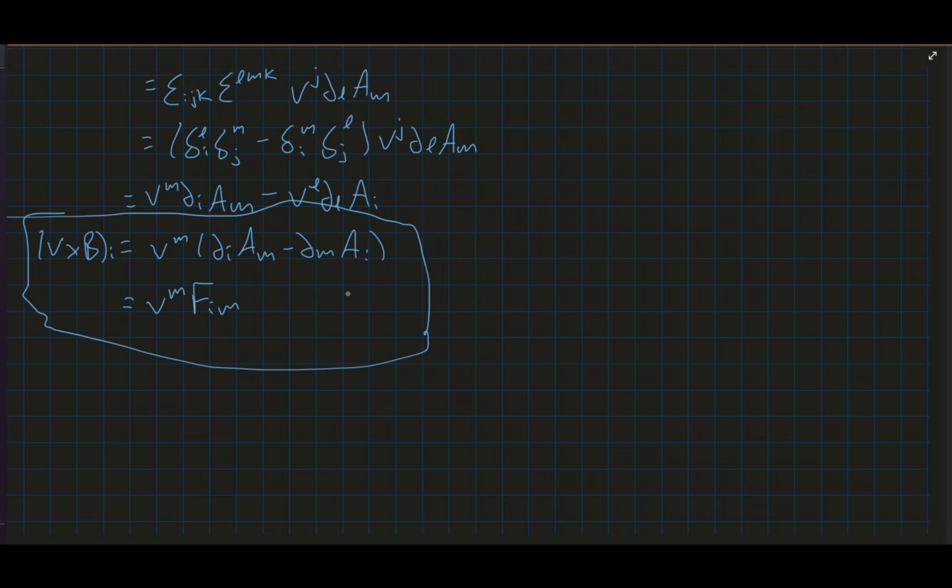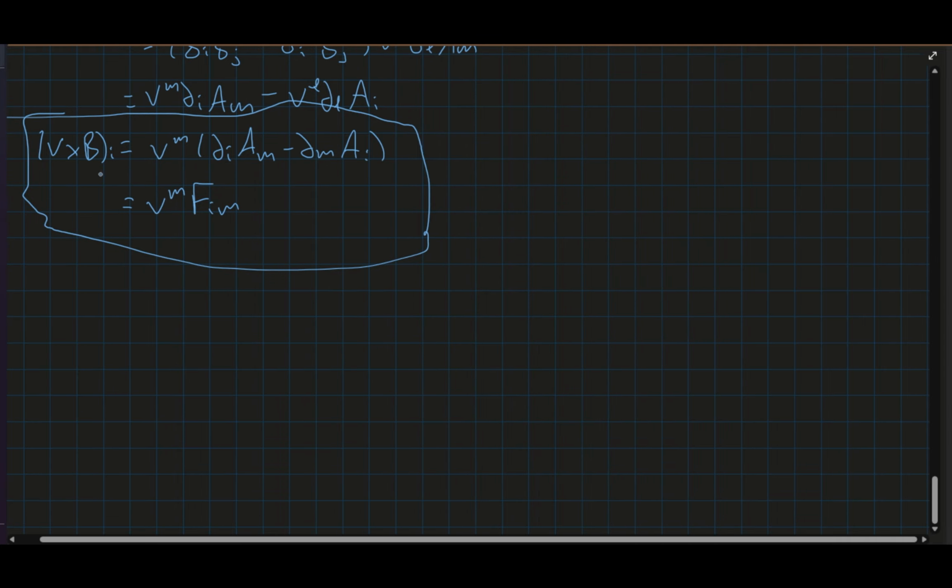We can just return to our acceleration formula that we derived way at the start. So this is A_J equals minus gamma_00J plus 2 gamma_0IJ V_I.